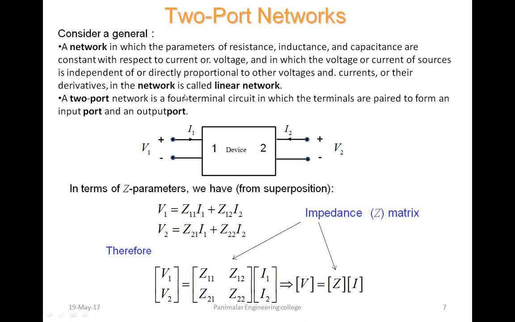In simple terms, a linear network is one which depends on voltage and current source. If there is a change in voltage or current, the output will also show the same change in voltage or current. Based on the input connected to the source, the output is obtained. That is known as linear.